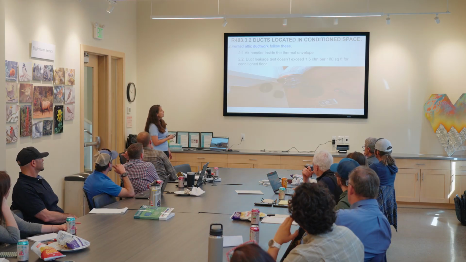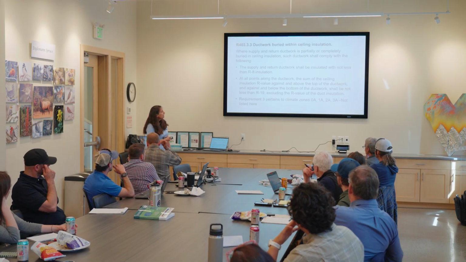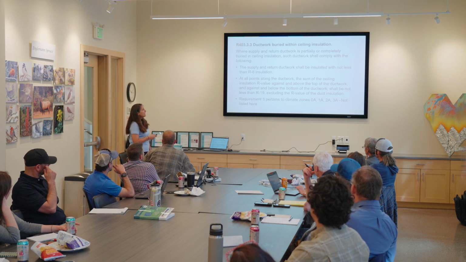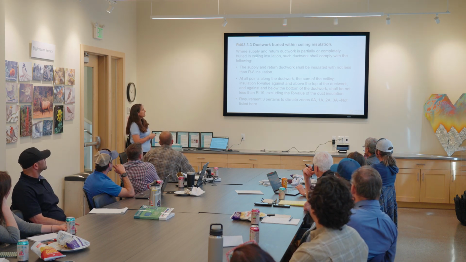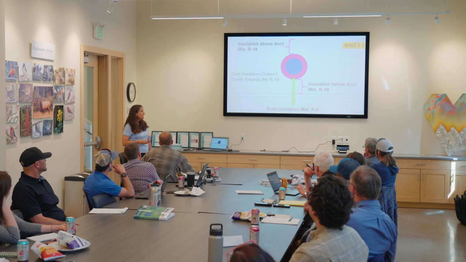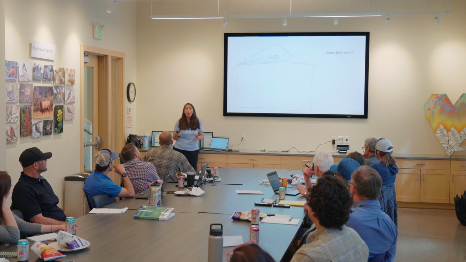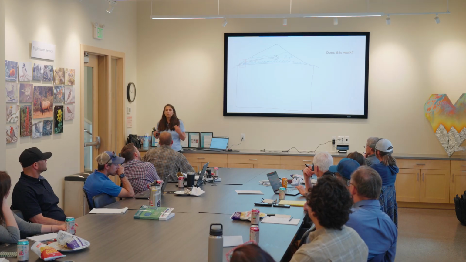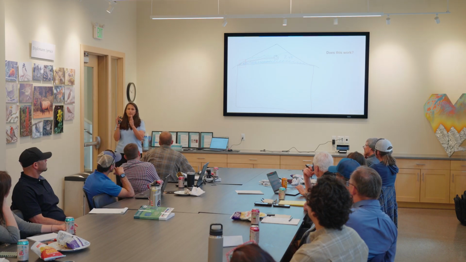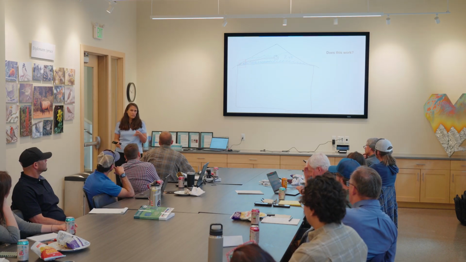And I said, plus, if you come here, it says partially or completely buried in the ceiling insulation. So even the code section understands that you're going to have a point where the ductwork is coming through that thermal envelope barrier to get outside of the conditioned space.